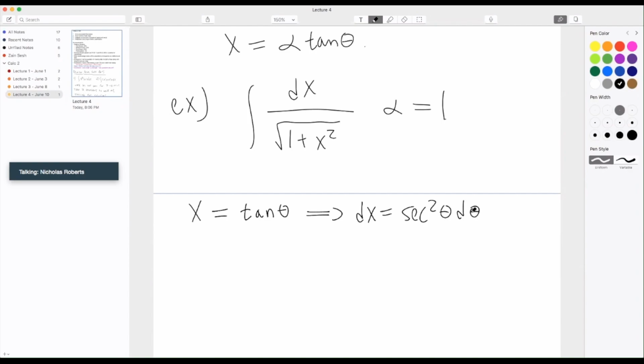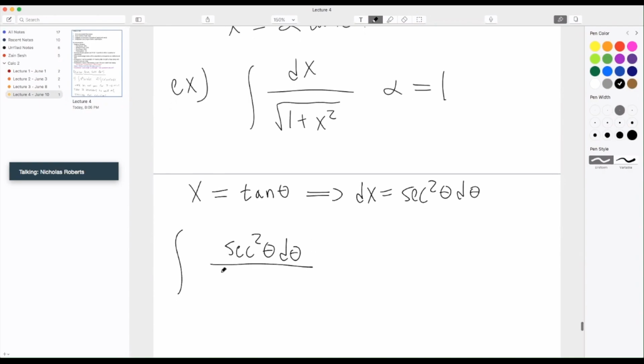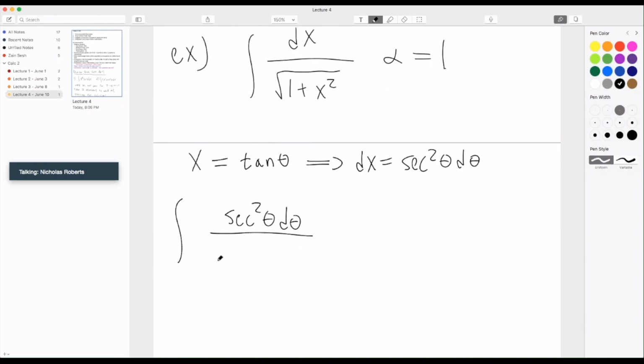Now we can bring our integral in terms of theta. The numerator is dx, so I will now write secant squared theta d theta, because that's what dx is. And in the denominator, we have the square root of 1 plus tangent squared theta.